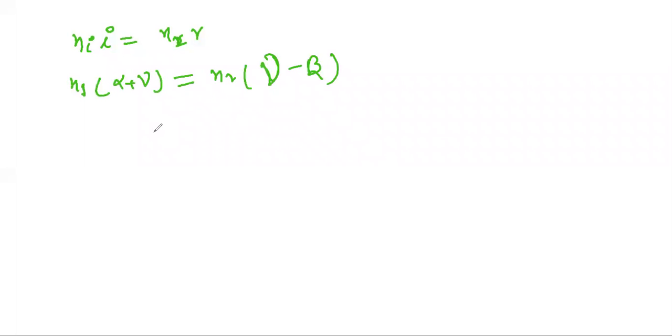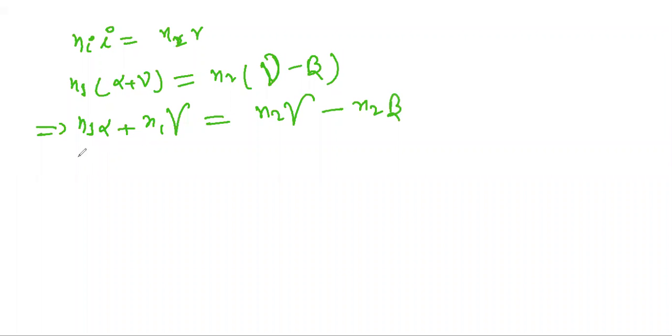So now you substitute the value. First you multiply. What will you get here? N1 alpha plus N1 gamma is equal to N2 gamma minus N2 beta. Transpose gamma to one side and alpha and beta to the other side.